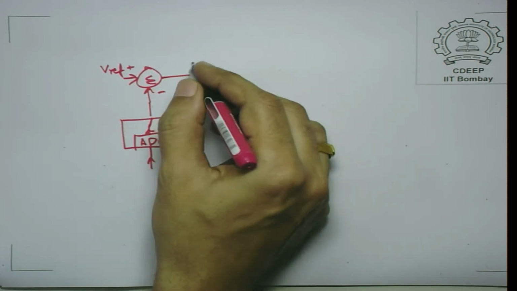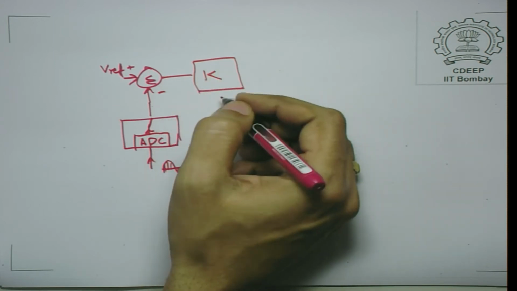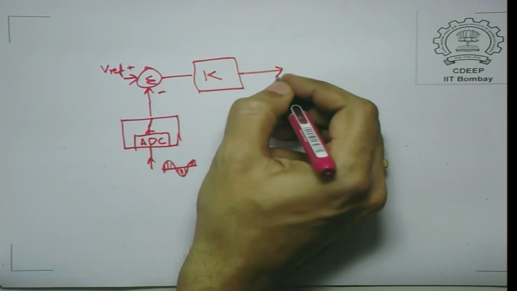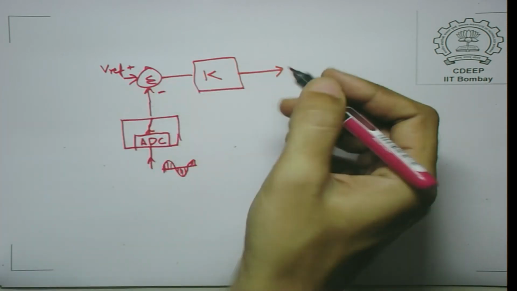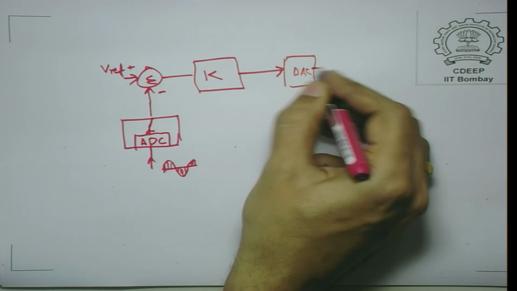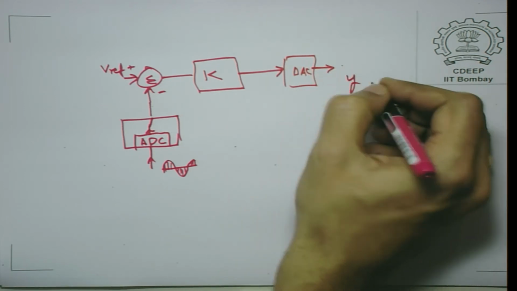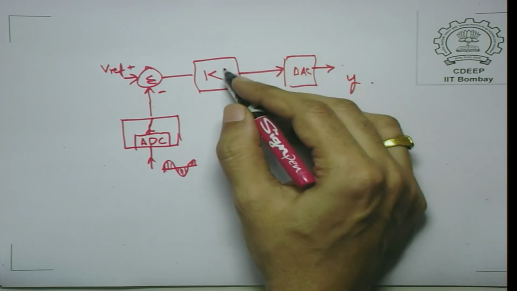And then afterwards, if you have a proportional controller, it multiplies it by the proportional gain, and then it can give it out as the output. This could be done, and then using a digital to analog converter, you could get the output in analog form again. Now, the important thing is that you can implement something more complicated.